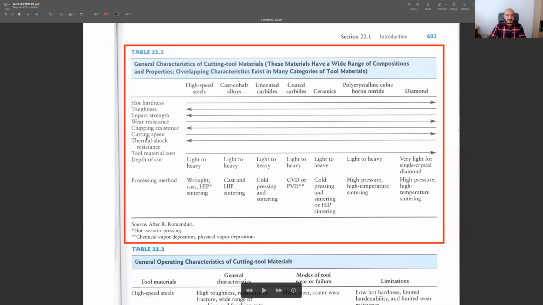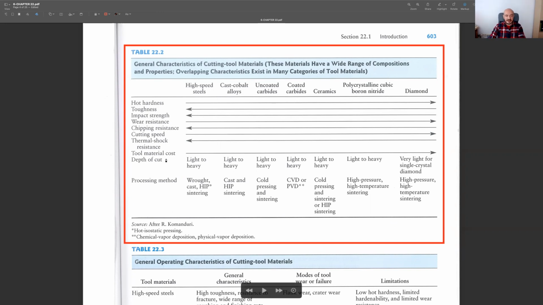Let's have a look at cutting speed. This time it's inversely related with chipping resistance, but highly related with hot hardness. You can increase the cutting speed as we go towards diamond once again. But the depth of cut of diamond cannot be too much. Even though the cutting speed is high, you can remove only a little material from the outer surface.